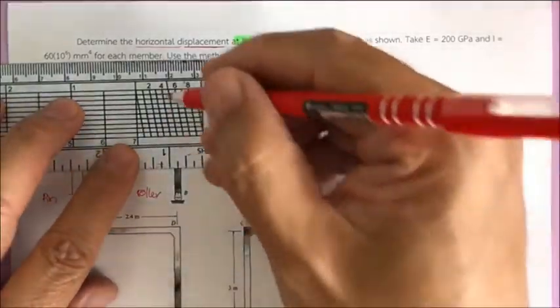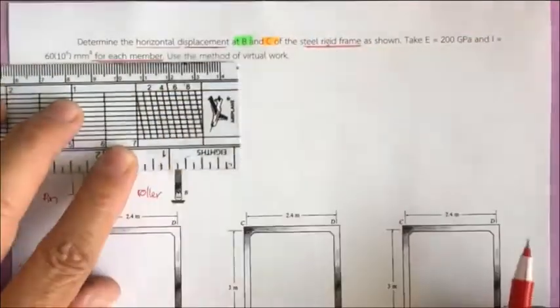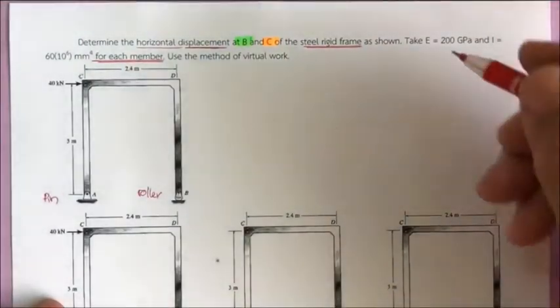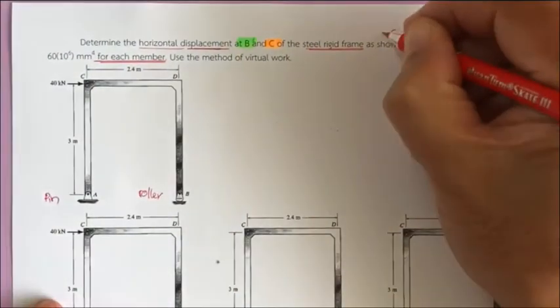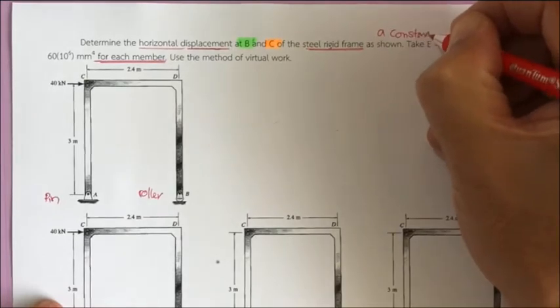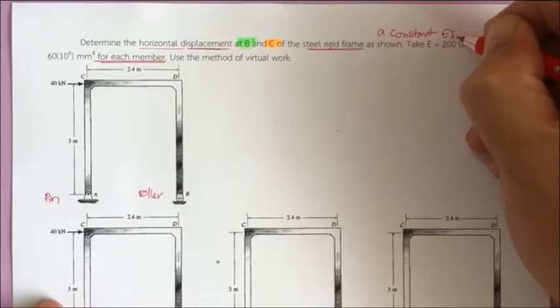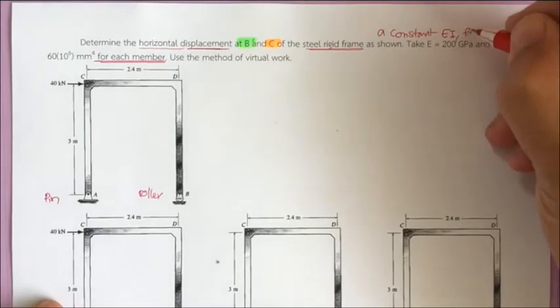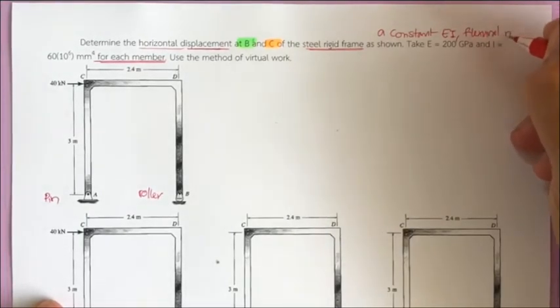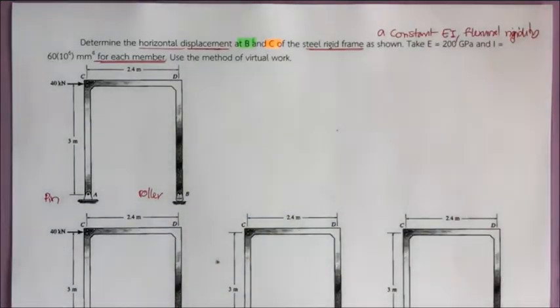All of them have equal E and I. That means this frame has a constant EI, or a constant flexural rigidity. We will use the EI to compute the magnitude of the horizontal displacement at B and C.